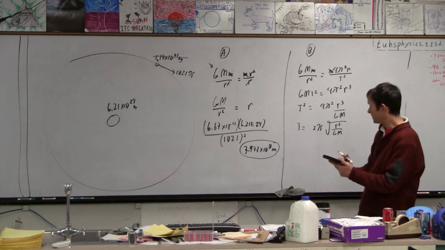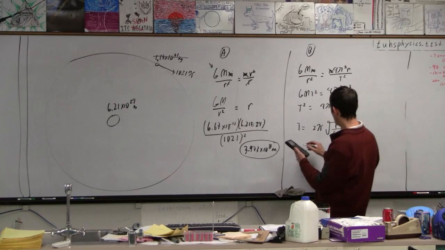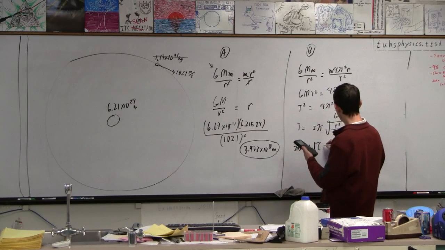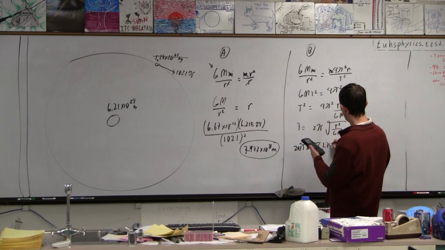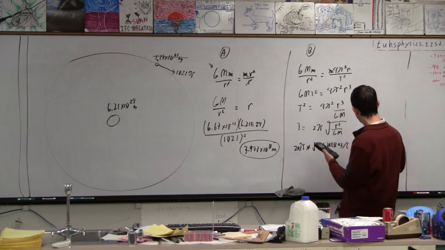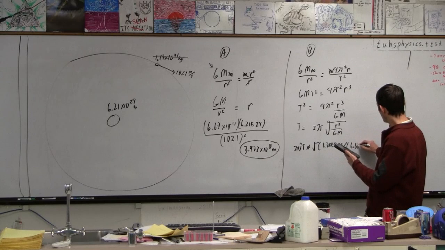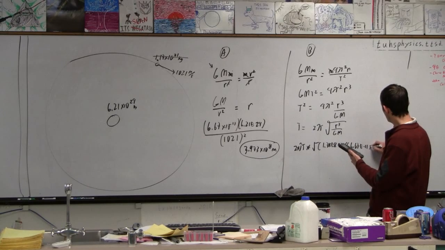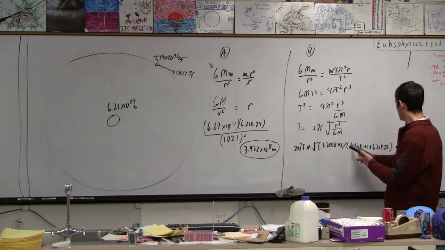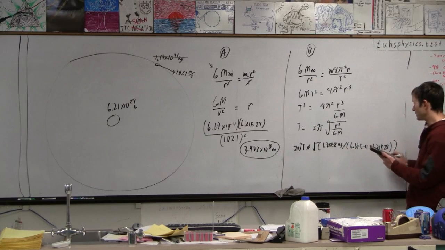And now we can plug these numbers in. I'm going to go 2 pi times, square root left parenthesis 1.78 E8 caret 3 divided by left parenthesis 6.67 E minus 11 times 6.21 E24 right parenthesis ending the denominator, right parenthesis ending the square root.